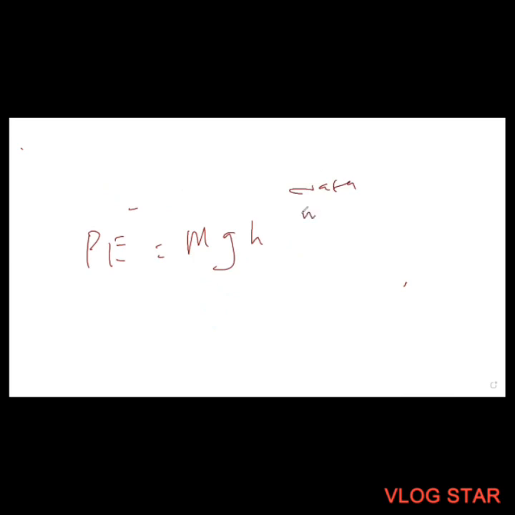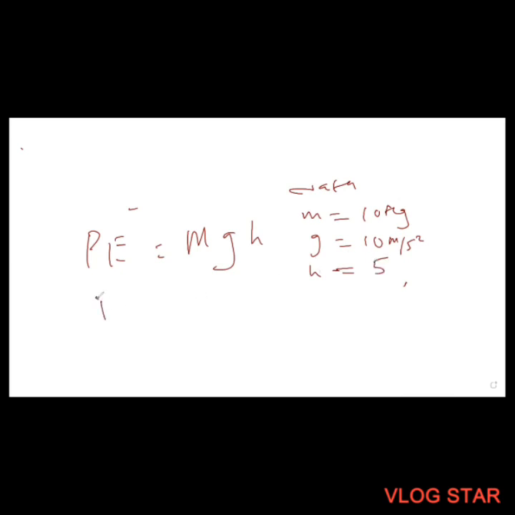For instance, if m, the mass, is maybe 10 kilogram, and then the gravitational field strength, acceleration due to gravity, is usually 10 or 9.8 meter per second squared, and then the height, let's say, is 5.